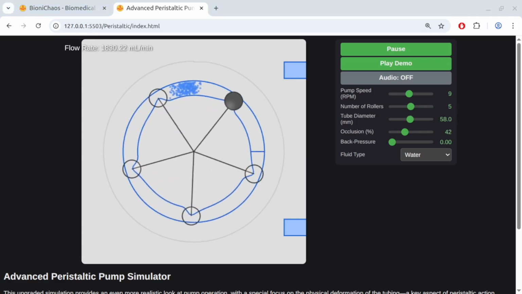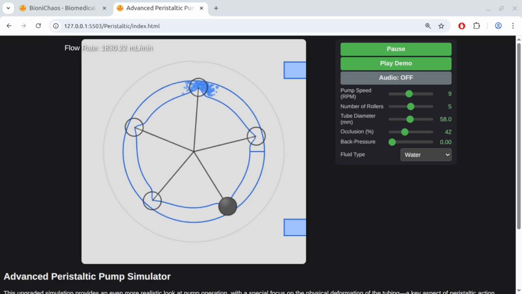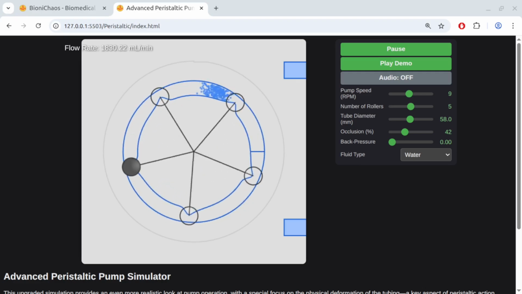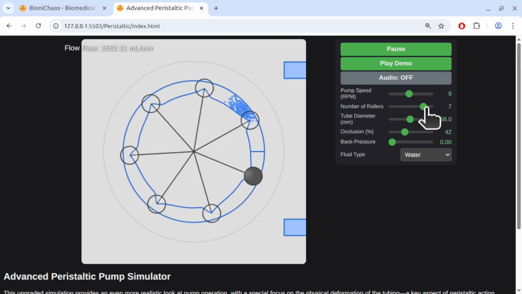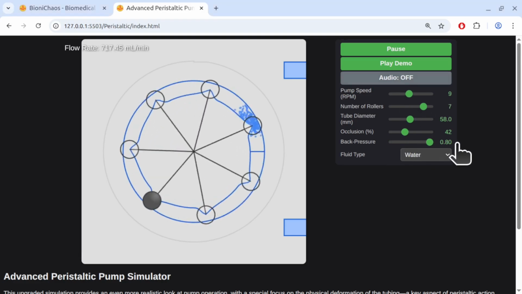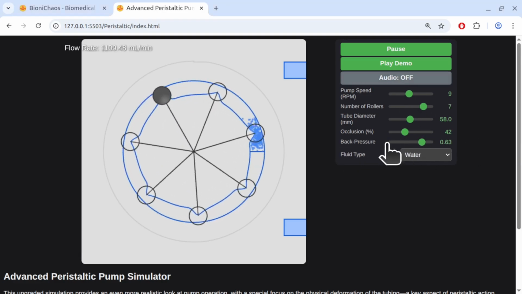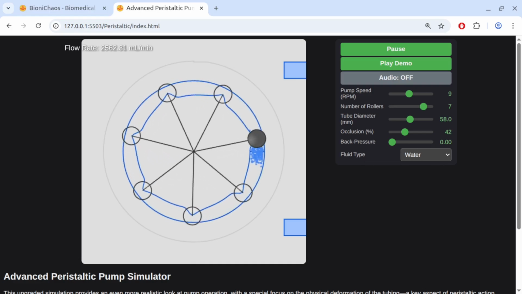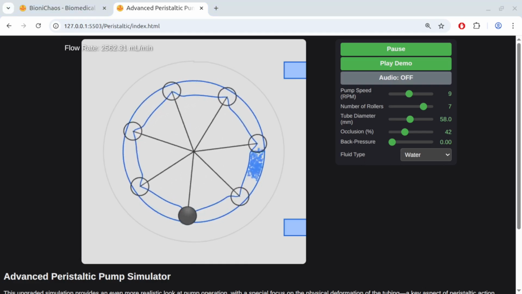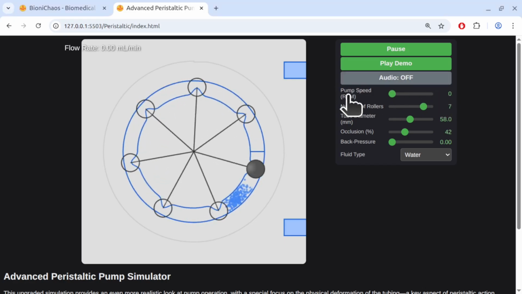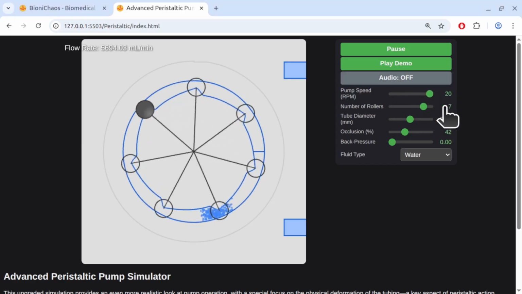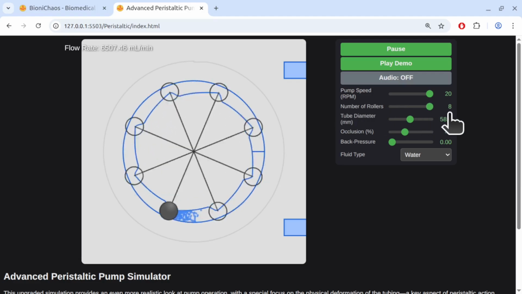All right, let's dive into this. The flow rate calculation is working as expected, and all the values, speed, occlusion, tube diameter, etc., are affecting it correctly. That's great. But now we're looking at the animation itself, and here's the issue. When you change the pump speed, the particles move faster, perfect. But when you change the number of rollers, the animation doesn't seem to reflect that change. That is a problem.